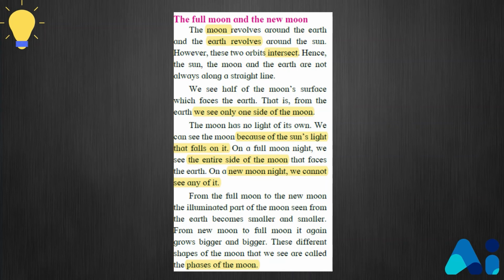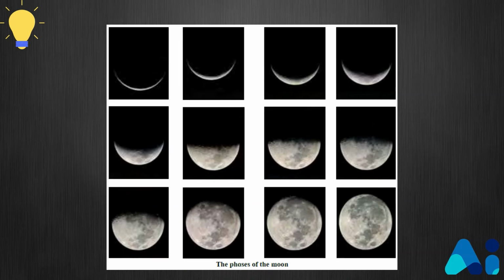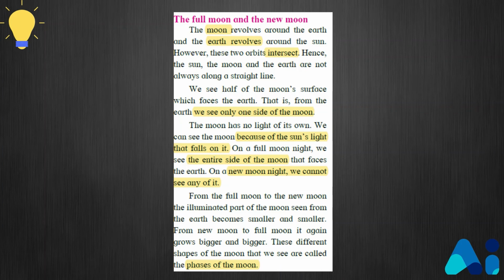Well, so now the question is, what makes these different shapes of the moon, or these are called different phases of the moon? Now we know that the moon does not have its own light. Okay, we see the moon only because the light of the sun falls upon it, and that's why we see the moon.